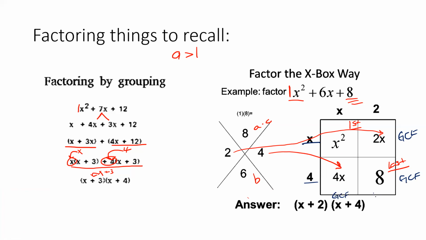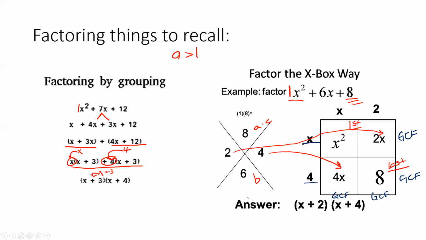The GCF of this column between 2x is 2. Okay? Now, if the outside box is negative, that means your GCF is negative. This one is not negative, so let me erase that.